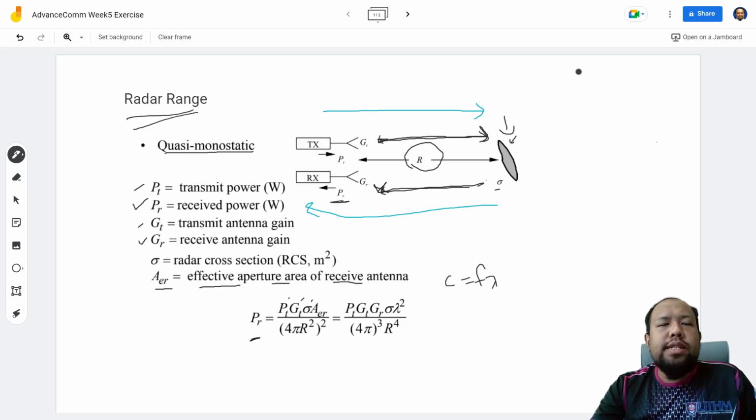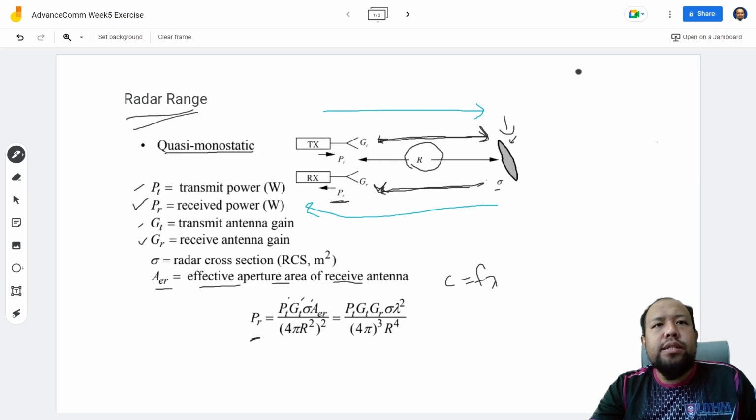AER roughly represents the efficiency of the receive antenna, so it has values between 0 and 1, typically around 0.35 or above, like 0.5 or 0.6. The higher the AER, the better the PR, meaning the more signal we can receive. All of this is over 4 pi r square.